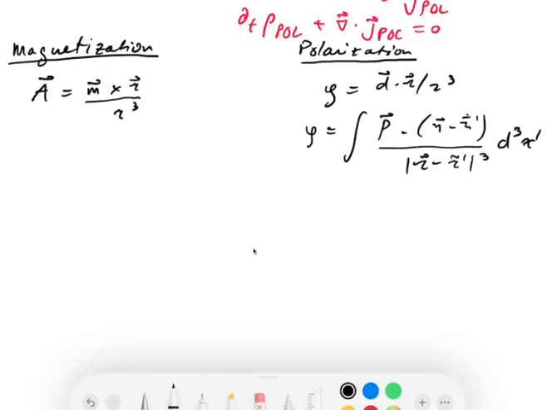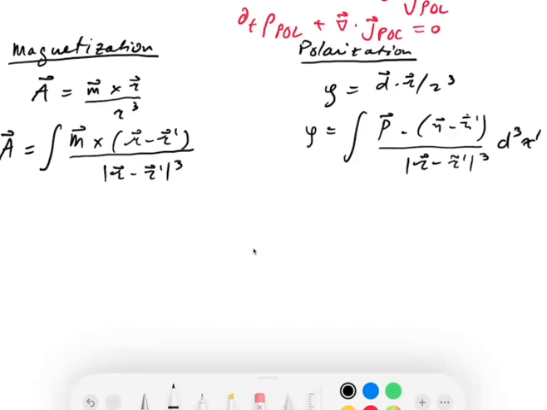And we could do a similar thing here. It just looks a little bit more dicey because, of course, now we have a cross product here, but the logic is the same.